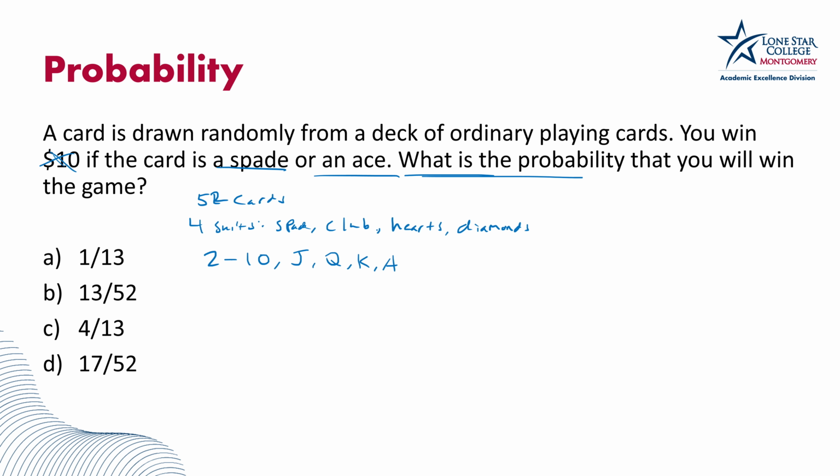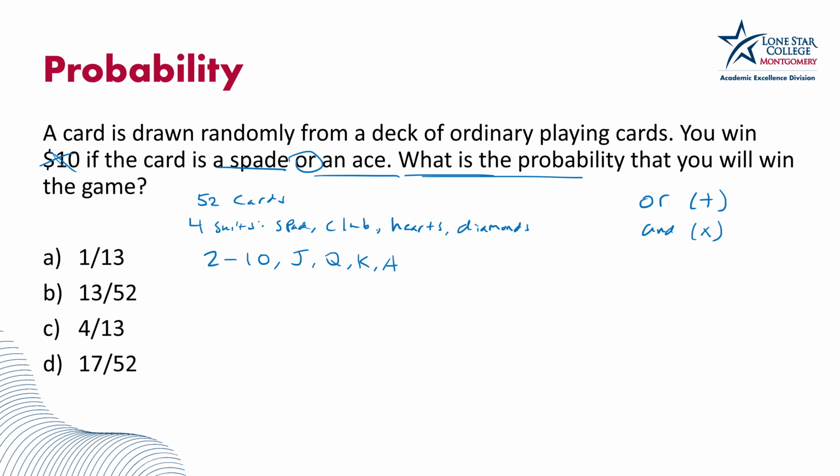Now, another thing we have to think about is, when we're talking in probability, we want to look at what is OR, right? So in probability, OR always goes with addition, while AND always goes with multiplication.